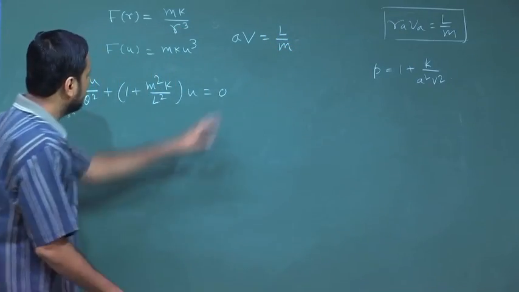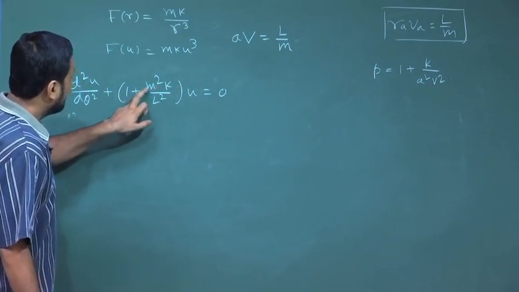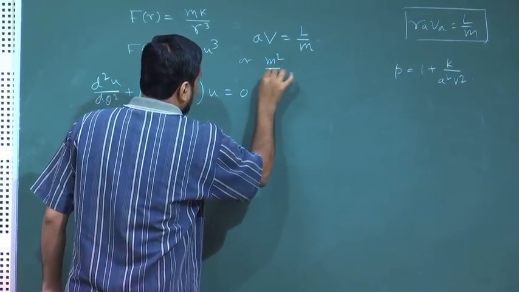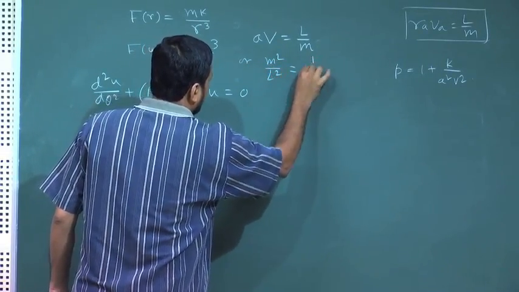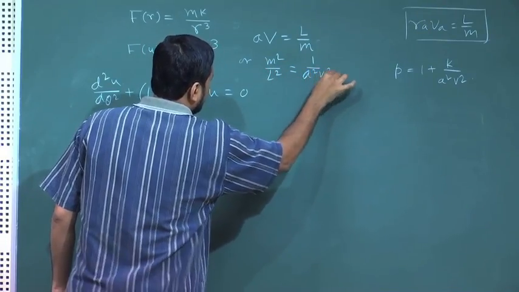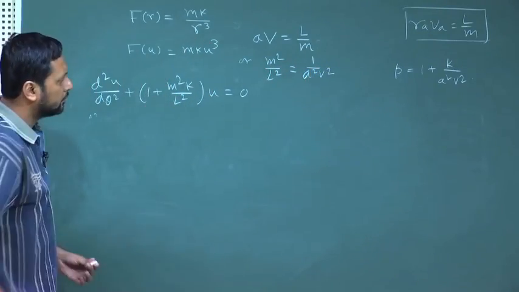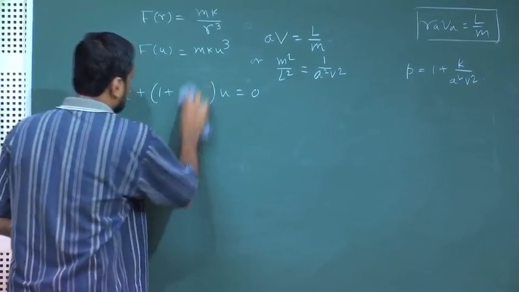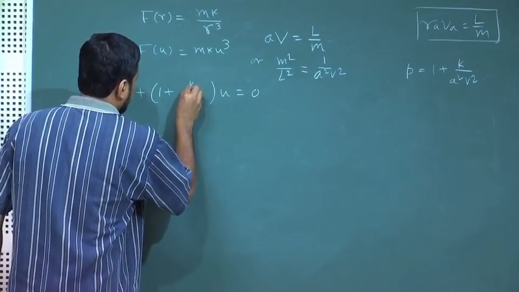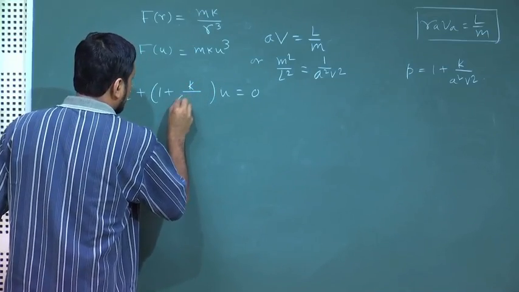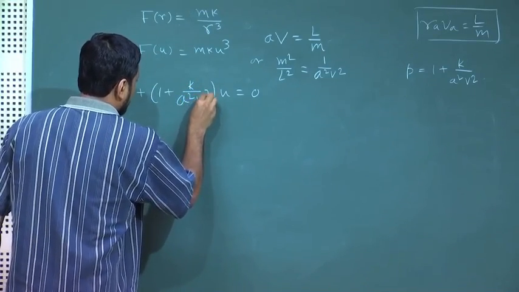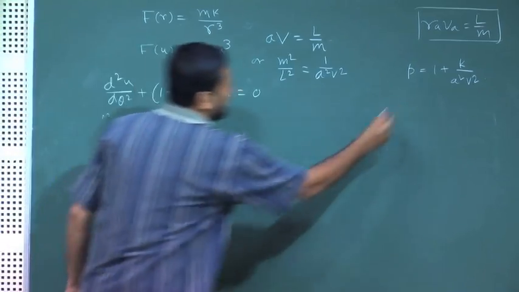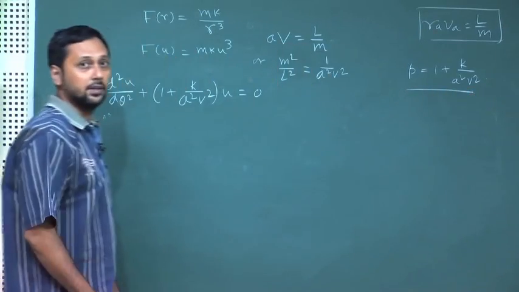So, m square by L square will be 1 by a square v square. If we substitute this for m square by L square, this relation becomes k by a square v square, right, which is exactly the expression of P which is given here.